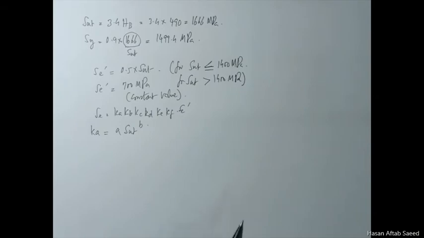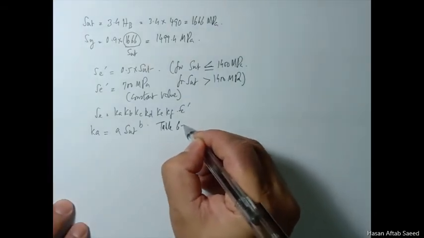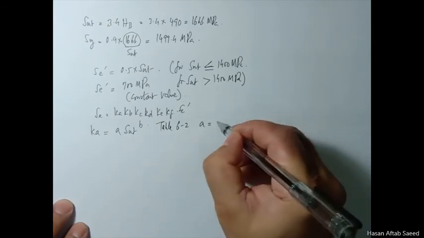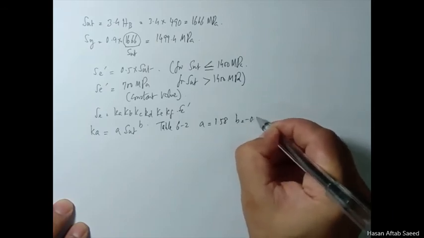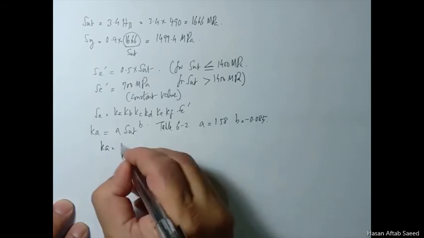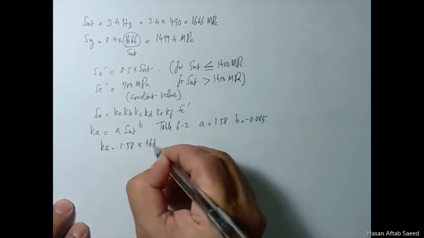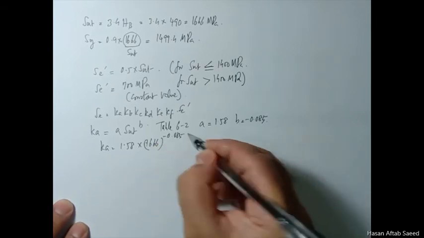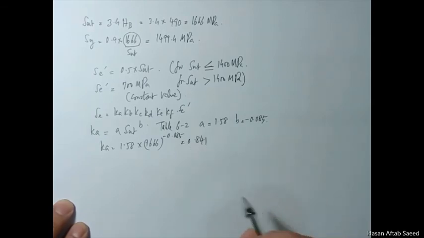So you will refer to table 6.2, and for ground components you have A equal to 1.58 and B equal to minus 0.085. Putting the values, 1.58 into SUT to the power B, KA is this.